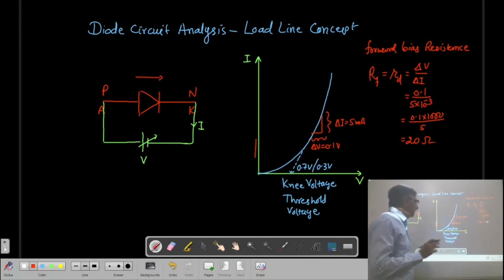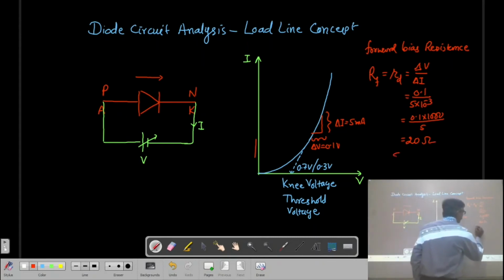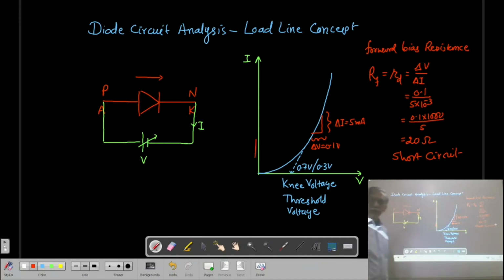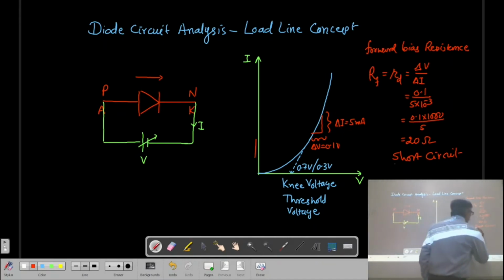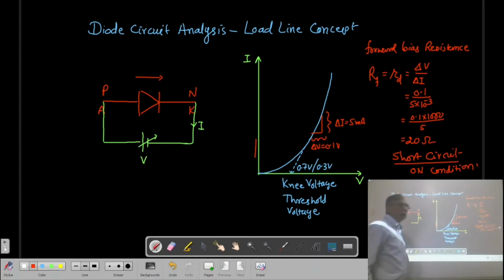Here you can say the diode is working as a short circuit, or you can consider the diode to be in the on condition, because in this condition there is a flow of current. Correct? So this is about the forward bias connection.